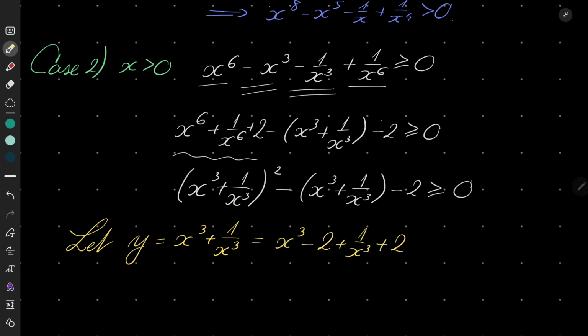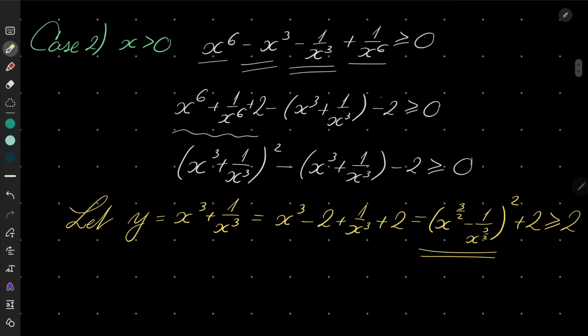We can add and subtract 2, and we get x to the power 3 over 2 minus 1 over x to the power 3 over 2, to the second power, plus 2. And it's clearly visible that since this number is a square, our entire quantity is greater than or equal to 2. So we know that y is greater than or equal to 2.